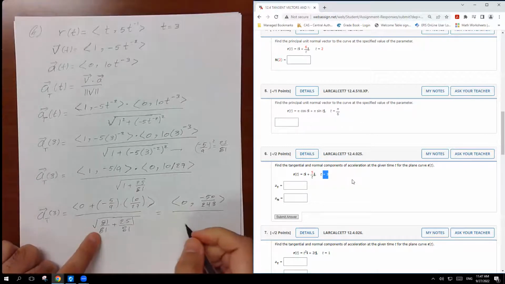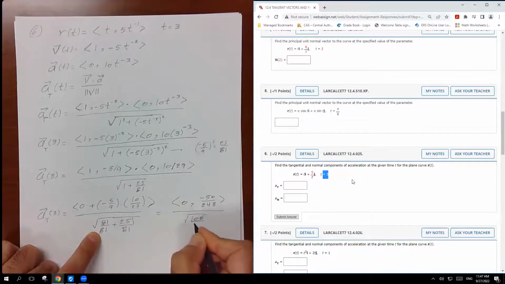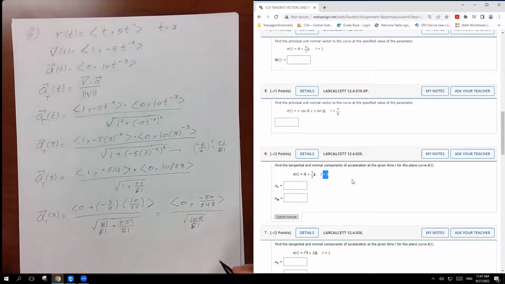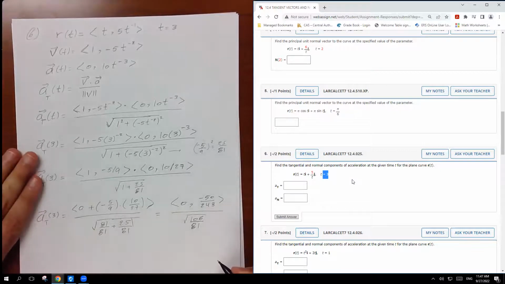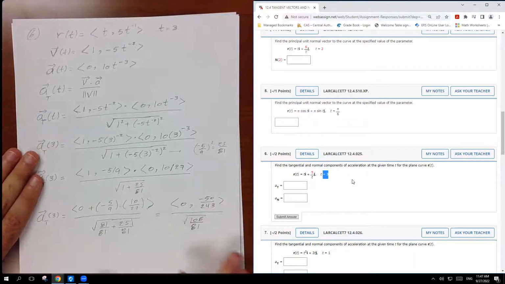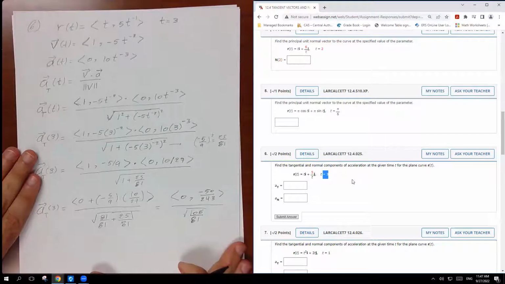Here is going to be 81. Just add the 25: 106, square root of 106 over 81. Can we simplify it more? 81 is 9 squared.